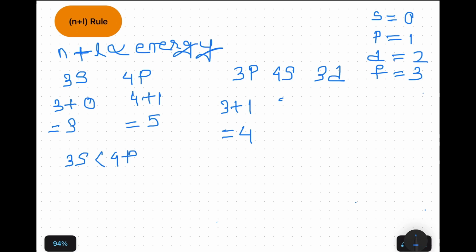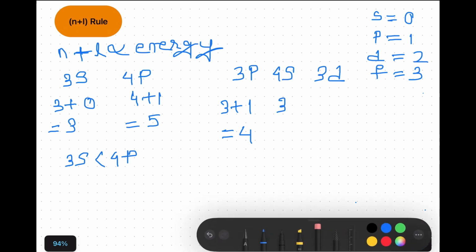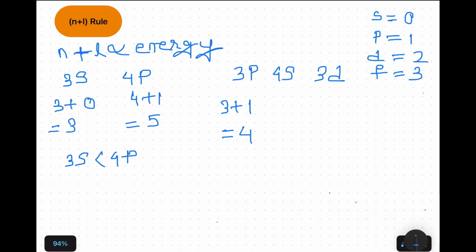For 4s the value is 4 plus 0 is equal to 4, and for 3d it is 3 plus 2, that means 5.